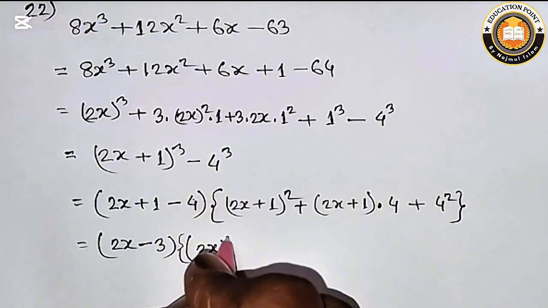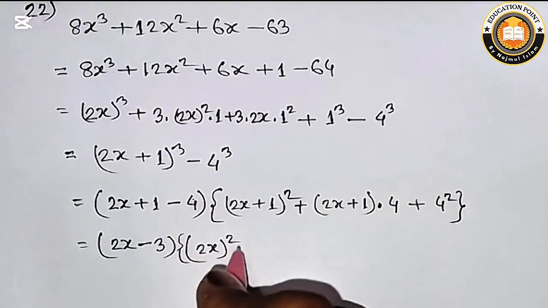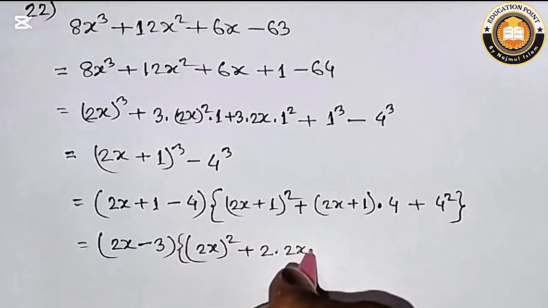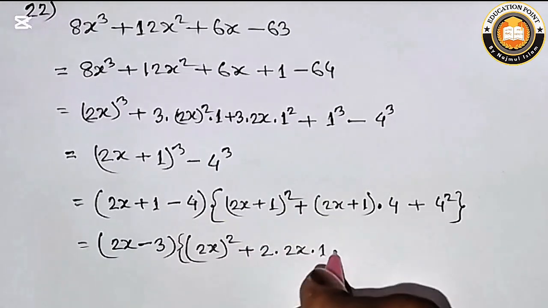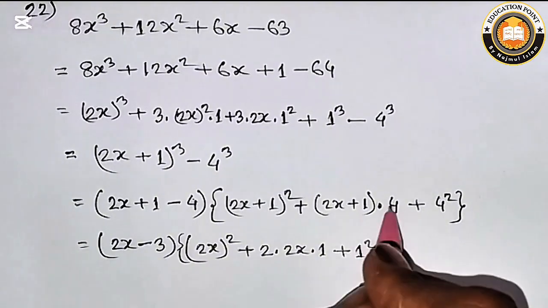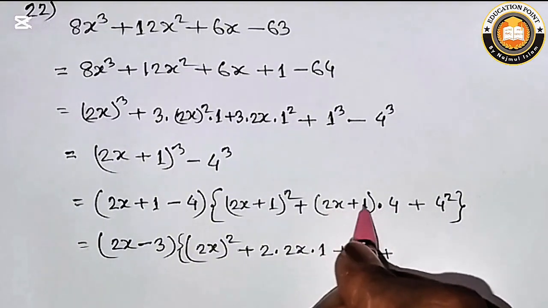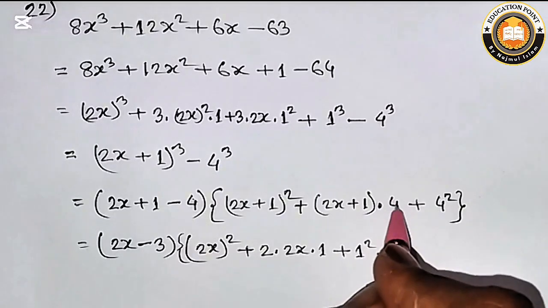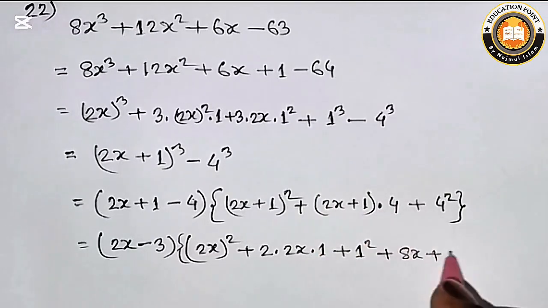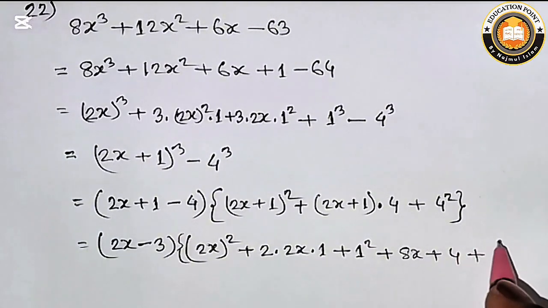A square means 2x whole square plus 2 into a means 2x into b means 1, plus b square means 1 square, plus 4 multiply with 2x plus 1, 4 into 8x plus 4, 1 the 4 plus square value of 4 is 16.